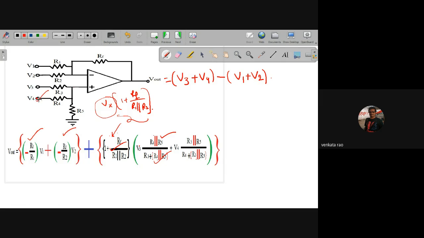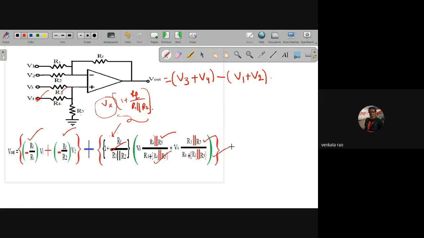Now Vx equals V4 into R3 parallel with R5, by R3 parallel with R5 plus R4. So by seeing the problem itself, you can directly write the values.